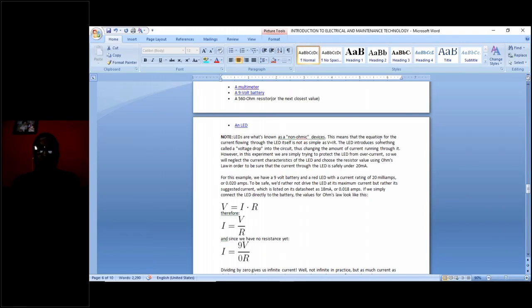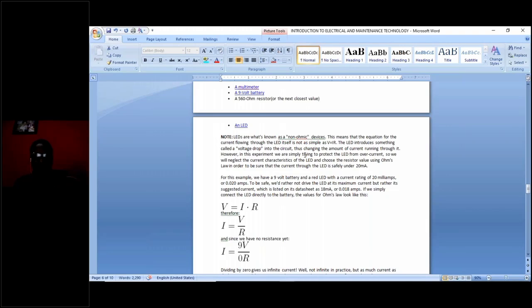This means that the equation for the current flowing through the LED itself is not as simple as V equals IR. The LED introduces something called a voltage drop into the circuit, thus changing the amount of current running through it, because an LED draws current, so it causes a voltage drop running through that circuit.